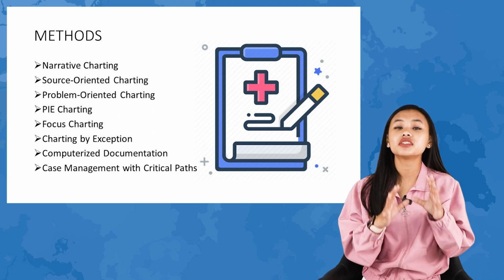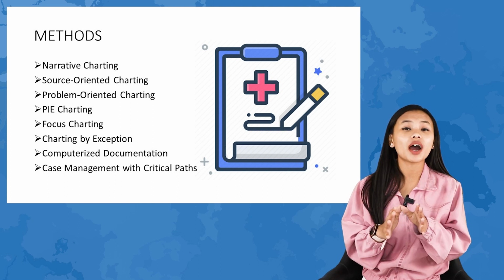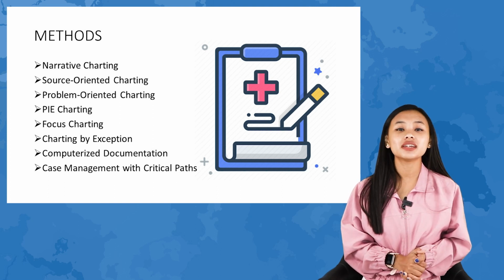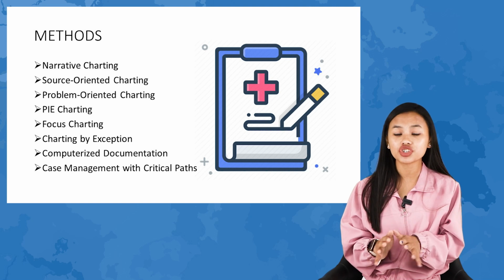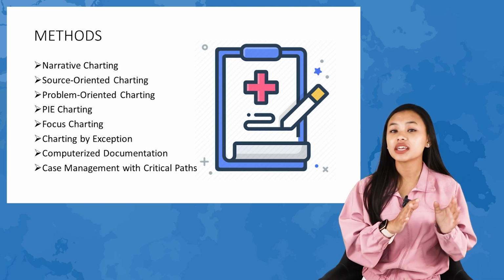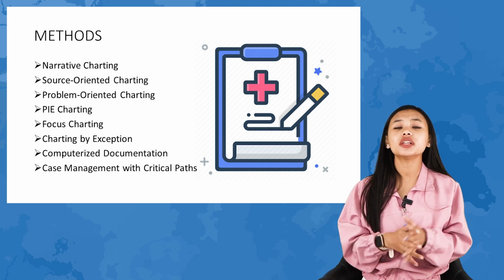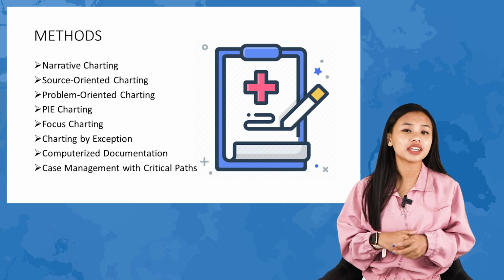The fifth is focus charting. The sixth is charting by exception. The seventh is computerized documentation, and the eighth, the last one, is case management with critical pathways. Let us discuss each method in detail.